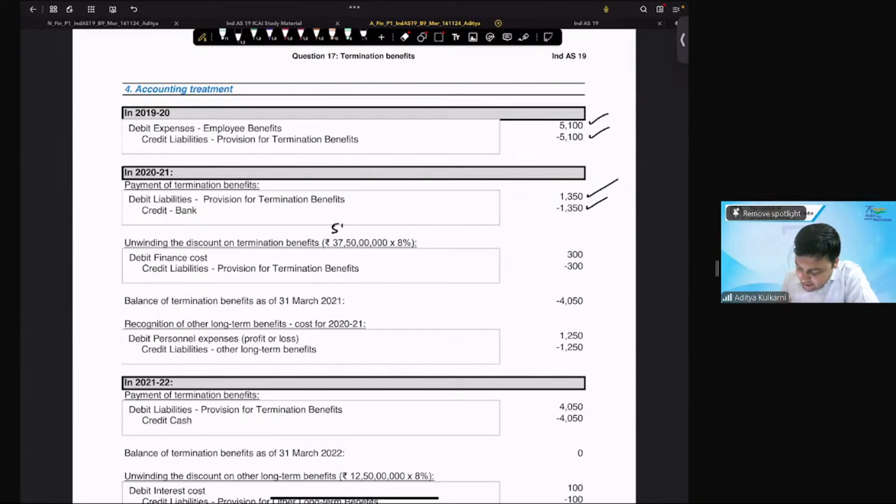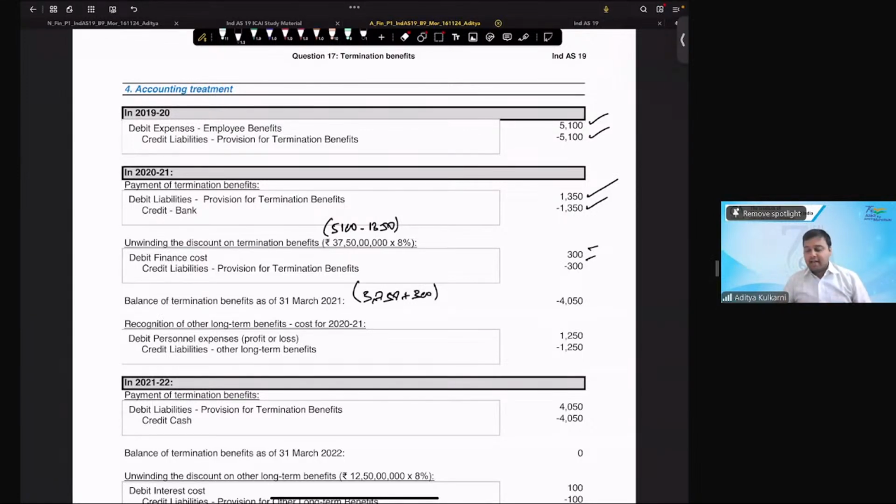This is nothing but out of 5,100, you have paid 1,350. So 3,750 into 8%. So that comes to 300. So closing balance is how much? 3,750 plus 300, 4,050.